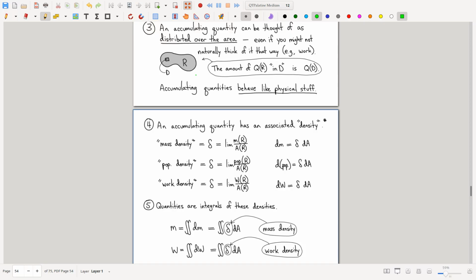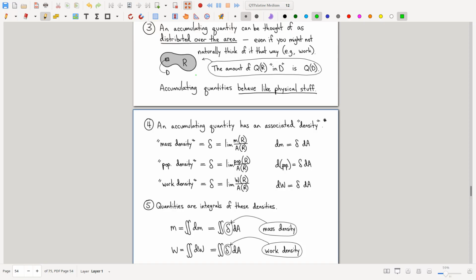We'll have to do a computation to get that. Once you have an associated density, you can compute it with an integral, and you've got yourself a theorem. We've done this several times before. Mass, an accumulating quantity, holds the sum of the parts, integral of mass density. Work, integral of work density.